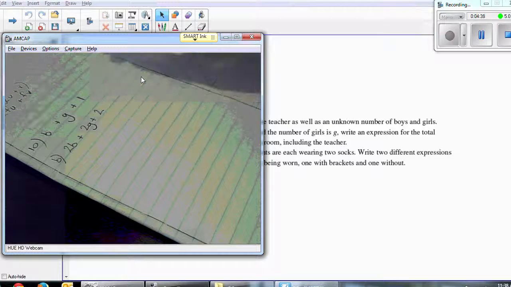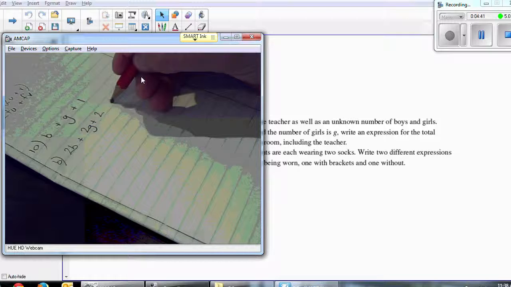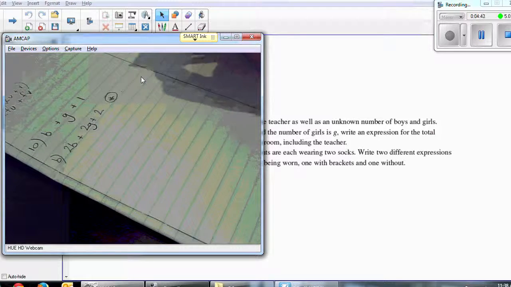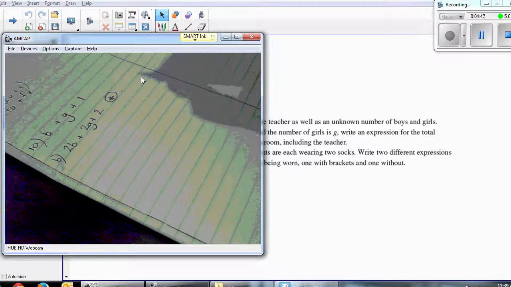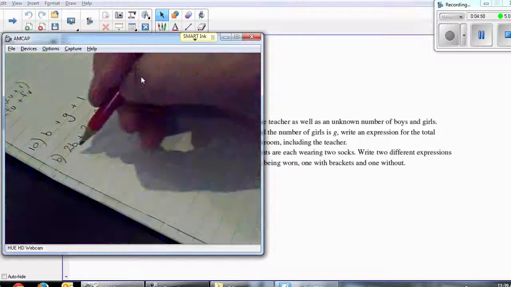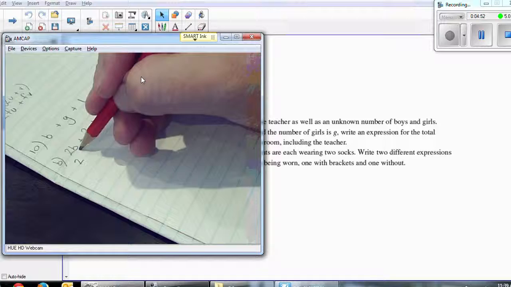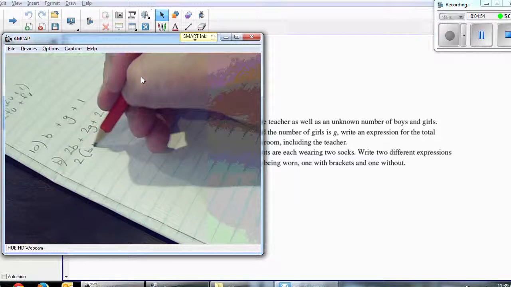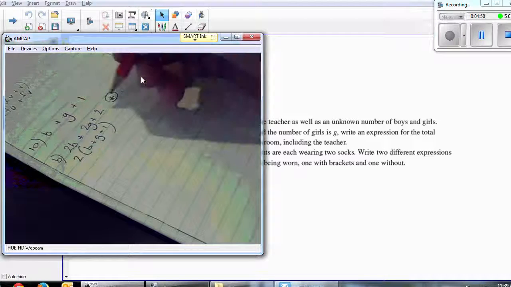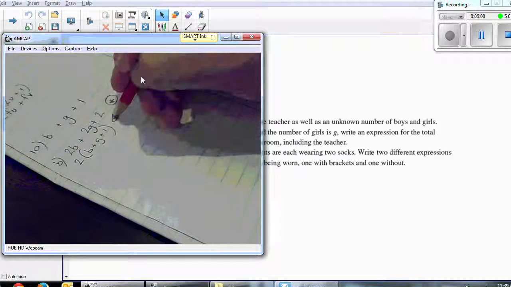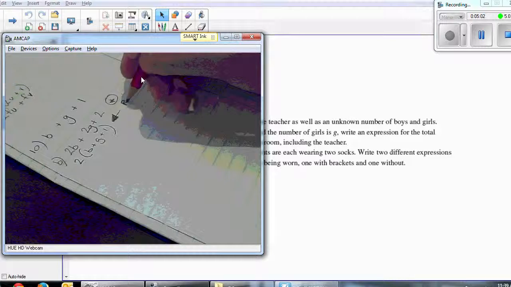That's one expression we can use, but it has no brackets. We need to use one that does have brackets. All we do is we know that 2 multiplied by B plus G plus 1 will give us our answer. So that is our expression with brackets.